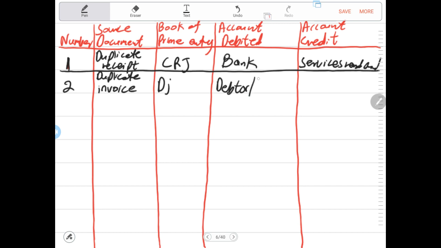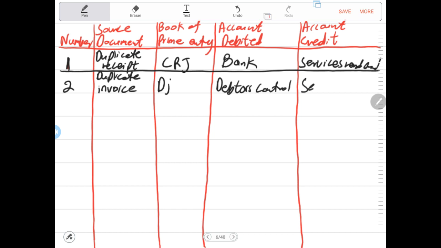Remember, once again, this can be called accounts receivable. Accounts receivable, that will also be another terminology. Any of the two is correct. Or debtors control. Debtors control or accounts receivable.